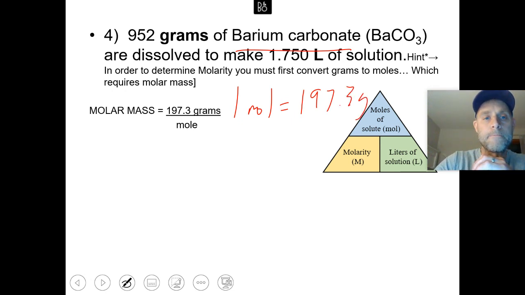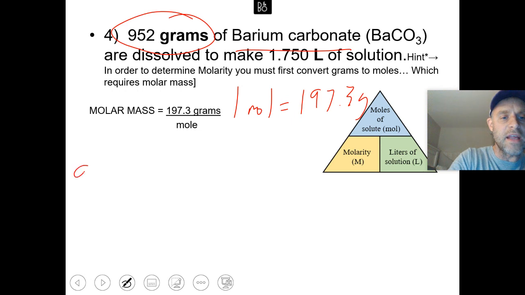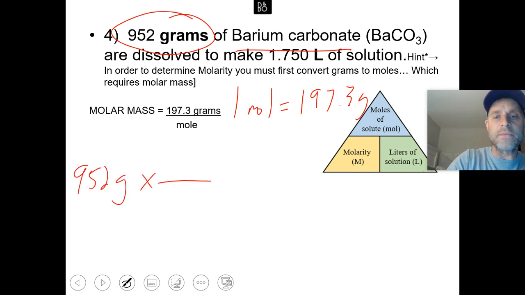Okay? Well, okay, that's 1 mole. How much is 952 grams? Again, here we go, same thing. 952 grams. I don't want grams, I want moles. So grams is on top here. To cancel, it has to go on bottom. That is 197.3. And on top, I need moles. That's 1.